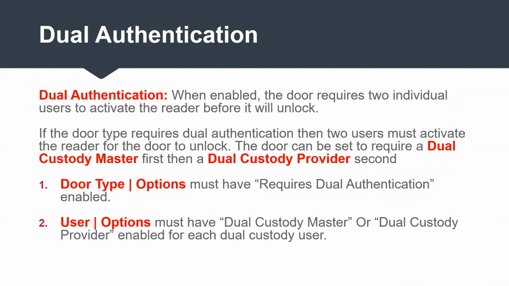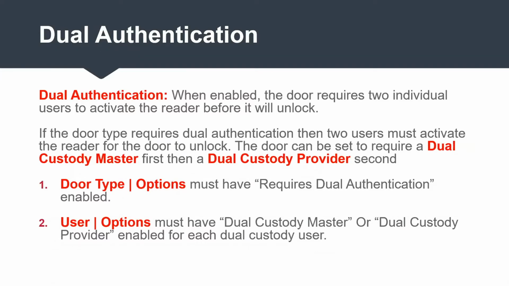For dual authentication, what this essentially does in our software, when it's enabled, is allow two individual users to activate the reader before it will unlock. In other words, you usually have a master and another participant, or provider. The master is usually the first one to badge in, and the provider is the second one, in order for them to get into that door.